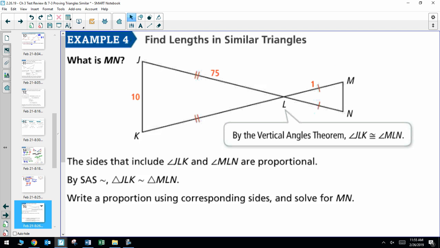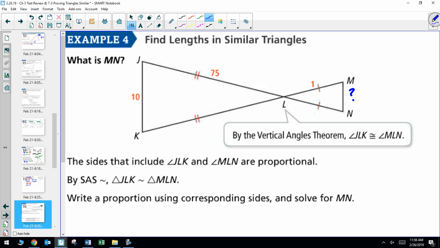So finding lengths in similar triangles: if I know a scale factor and I'm missing a side length, I need to know how to use the scale factor to find the side length. So we want to know what is the length of MN.